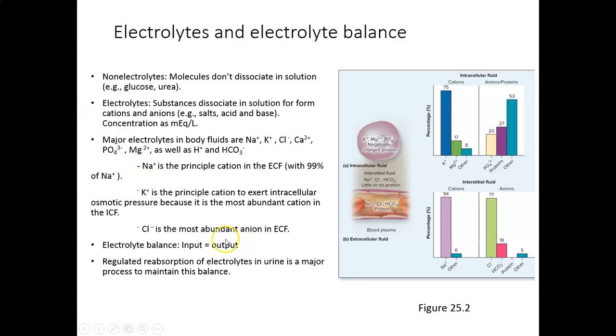Output is mainly through sweat or through urine, and therefore the reabsorption of those electrolytes in the kidney is a major process to maintain this balance. So we want to regulate the reabsorption of the electrolytes to make what is lost in urine equal the input.